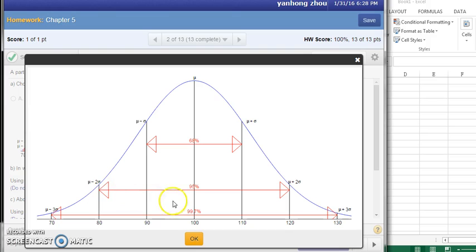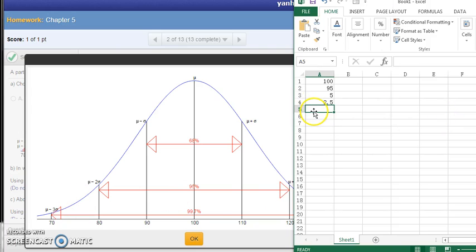And within 2 standard deviations, we have 95. If we use the area within 3 standard deviations minus the area within 2 standard deviations, you will get this part, this area, plus this area, right? What is that number? So let's do 99.7 minus 95.